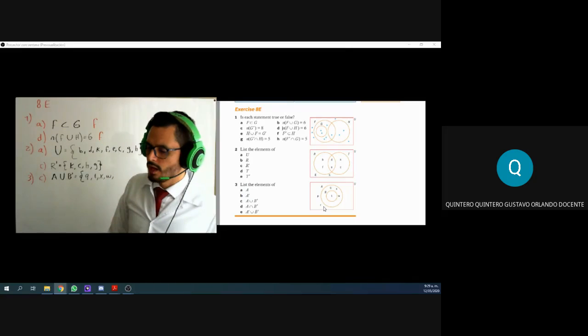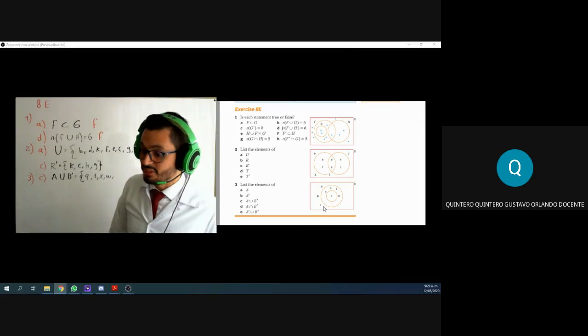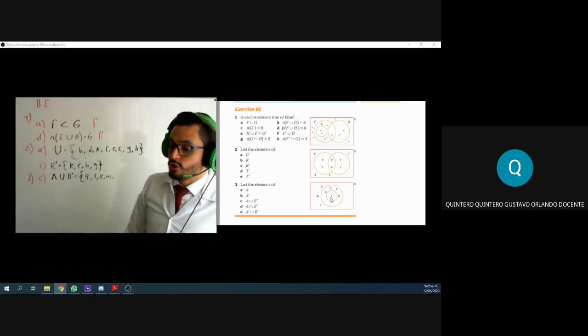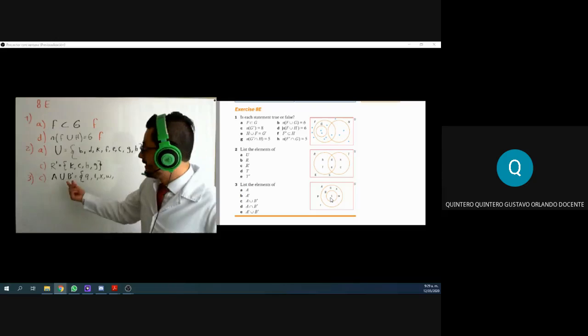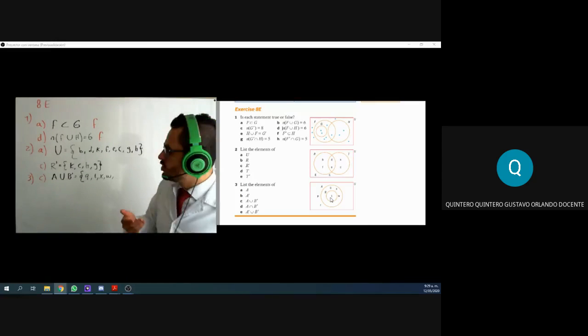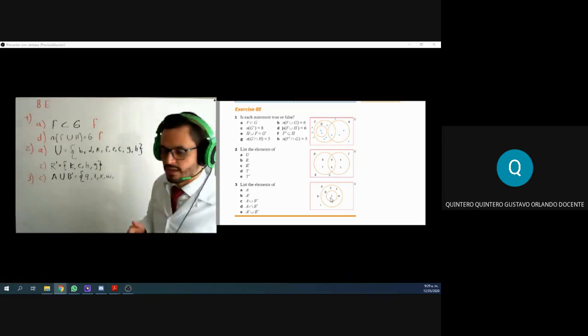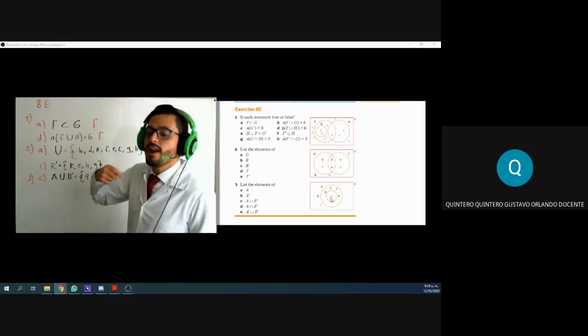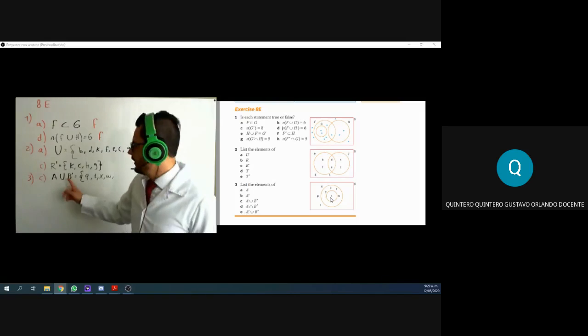But then the question comes: teacher, what do we do with T? What do we do with this little letter? Do we count it or not? And yes, we do. Because remember, the operation between the two sets is union. So you want to include everything in the first set and also everything in the second set.